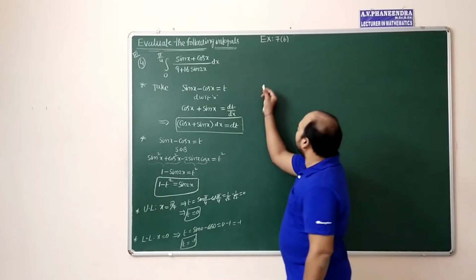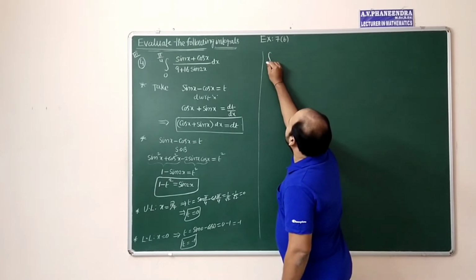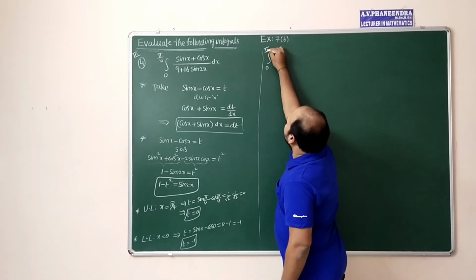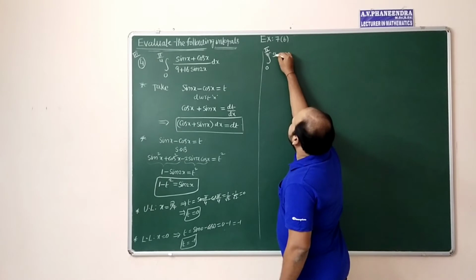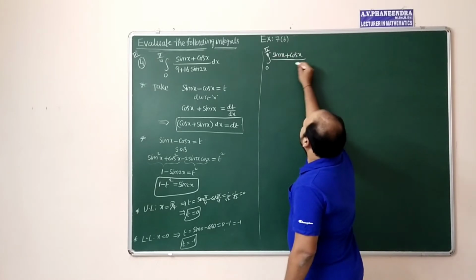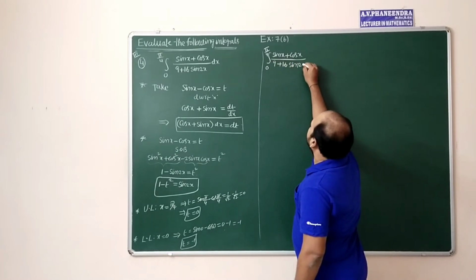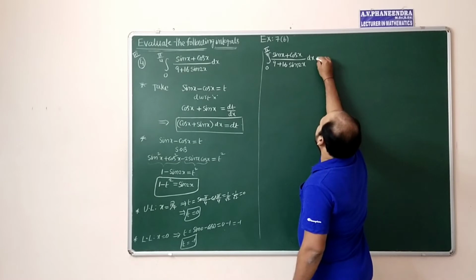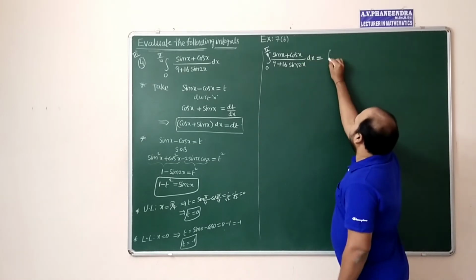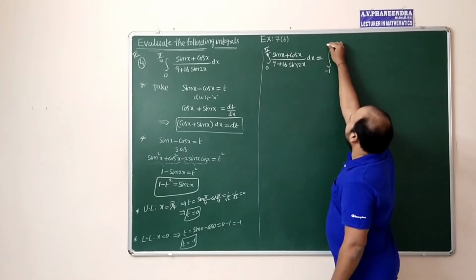Now the given integral will become integral 0 to pi by 4 of (sin x plus cos x) into dx by (9 plus 16 sin 2x) is equal to integral, lower limit minus 1, upper limit 0.